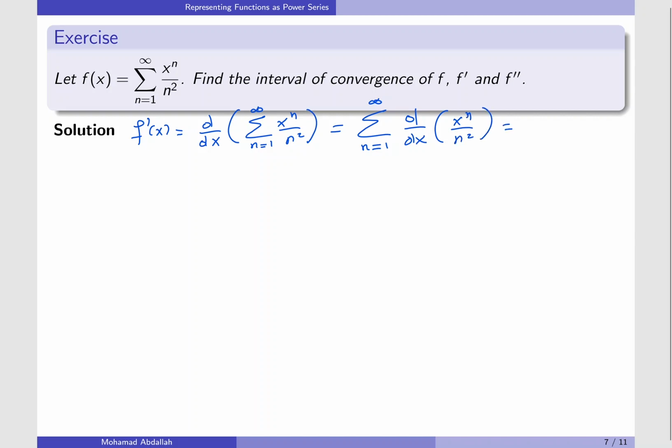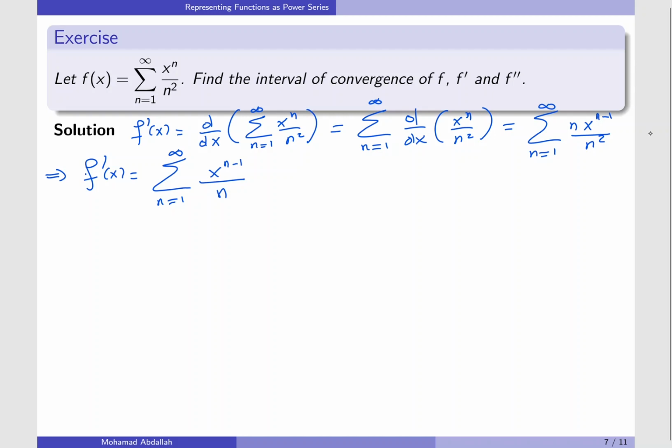Now take the derivative here. That's going to be the sum of n x to the power n minus 1 over n squared. So f prime of x equals the sum from n equal 1 to infinity of x to the power n minus 1 over n. This is n squared, cancel n, you got this.